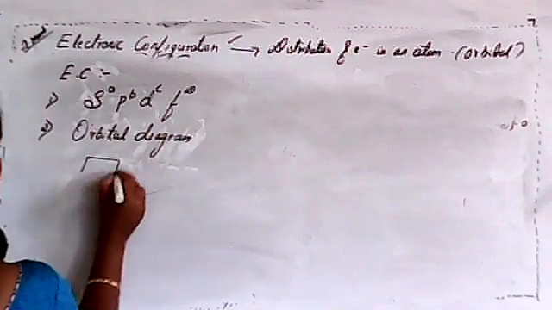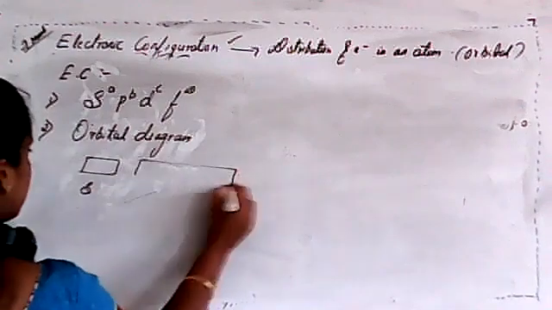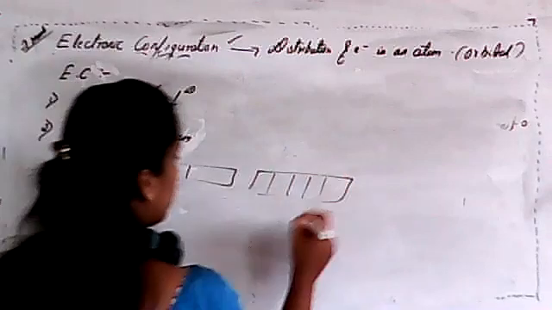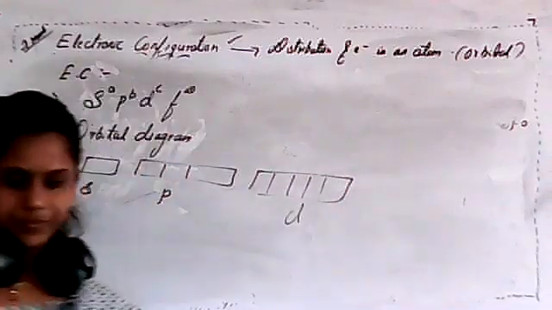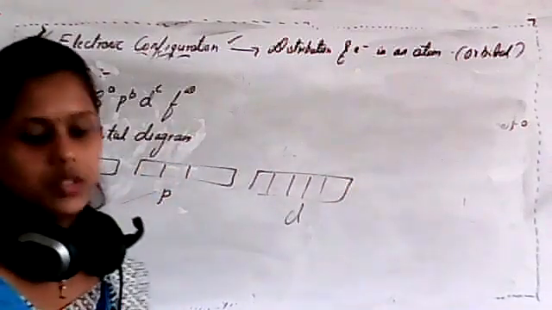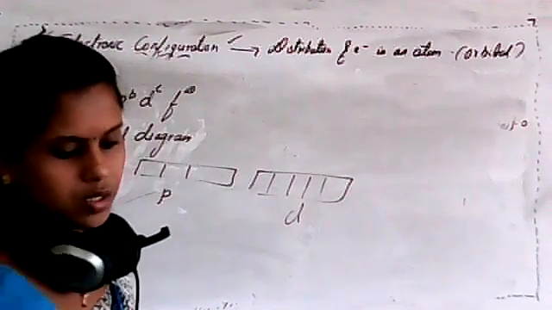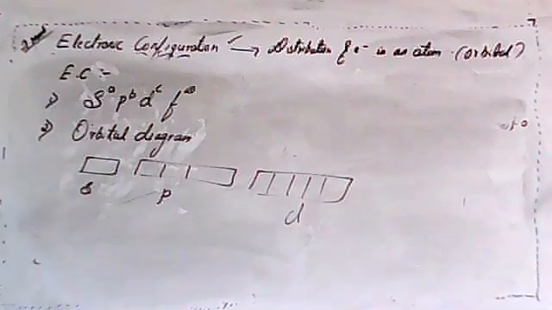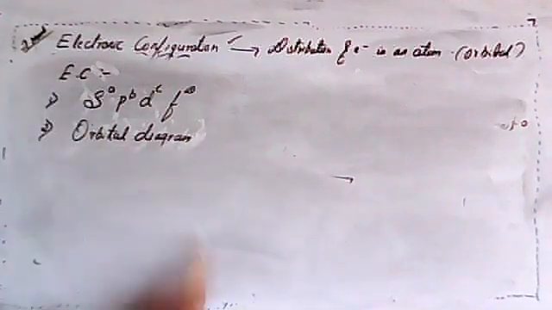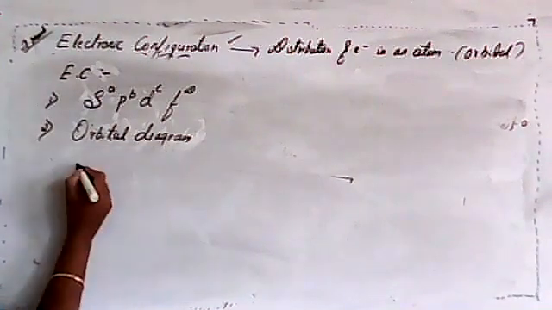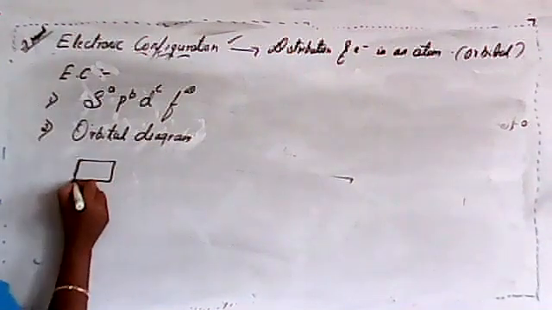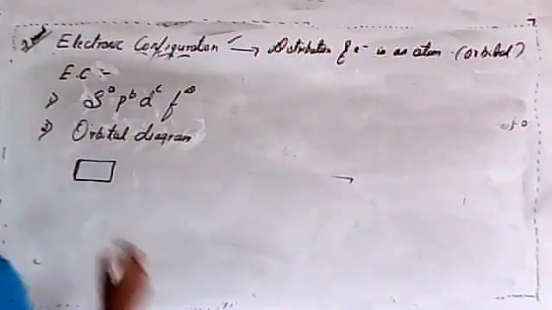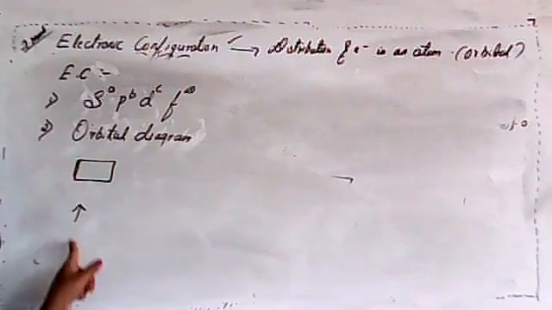So that is nothing but this one: this is for the s orbital, this is for the p orbital, and this is for the d orbital, 1, 2, 3, 4, 5. Clear? You can use these two manners to write. If you are considering an orbital diagram, while substituting the electron, we use an arrow mark.